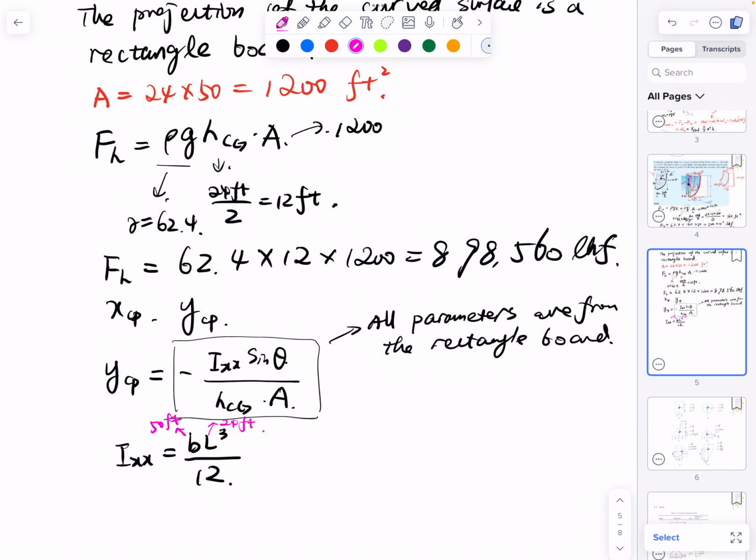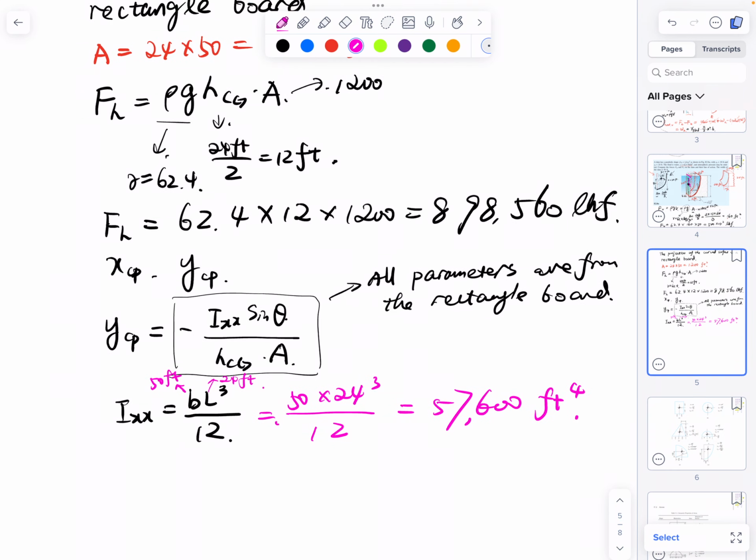So your IXX equals 50 multiplied by 24 to the third divided by 12, which is 57,600 cubic feet to the fourth.